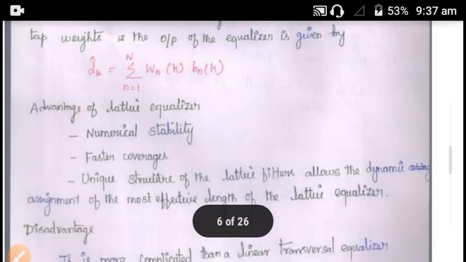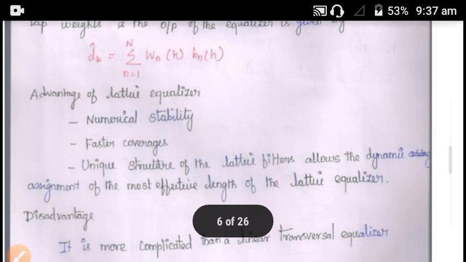So what are the advantages of the lattice equalizer?